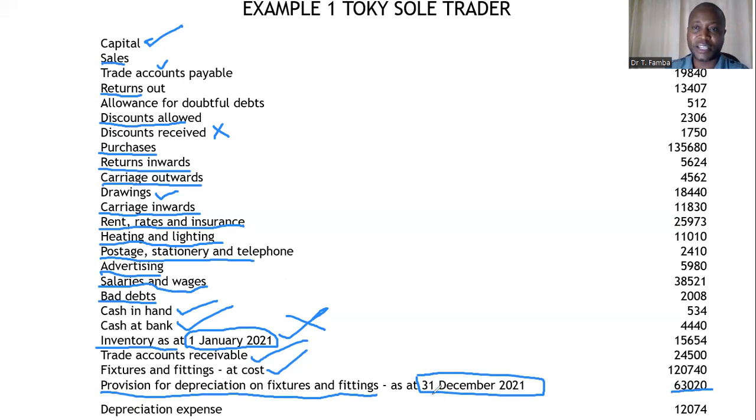comprises depreciation for up to 31st December 2021, because in most cases, we are given provision for depreciation for the previous years, and then we are told that the depreciation for the current year is so much, or we are actually asked to compute the depreciation charge for that period.